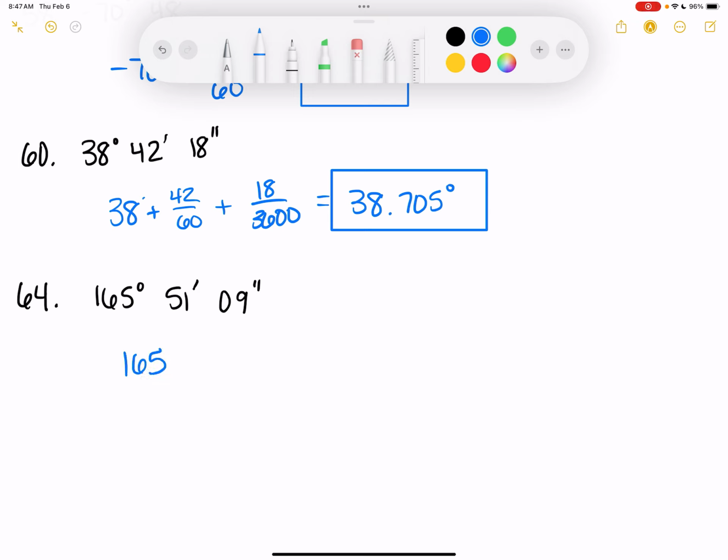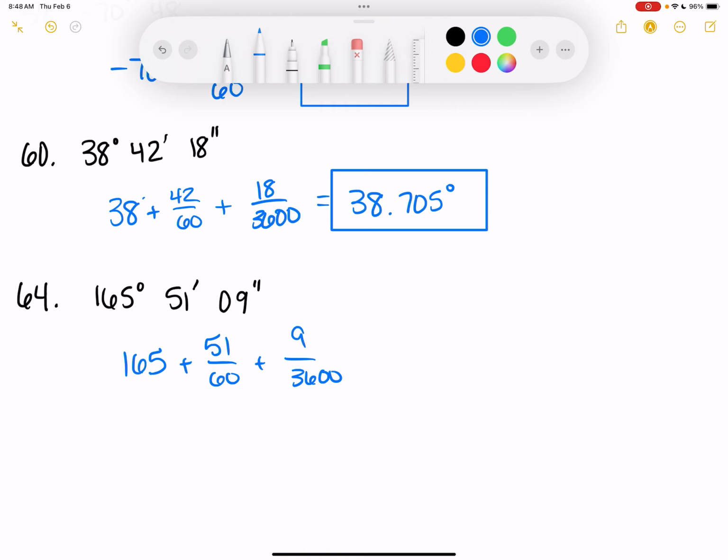All right, so we've got 165 plus 51 over 60 plus 9 over 3,600. So I'm going to do it just like I did the last one. It's probably going to turn it into a fraction again. Maybe not. Unfortunately, they can't read your mind to know that you don't want it in a fraction.